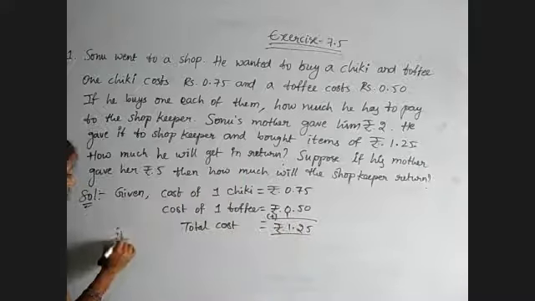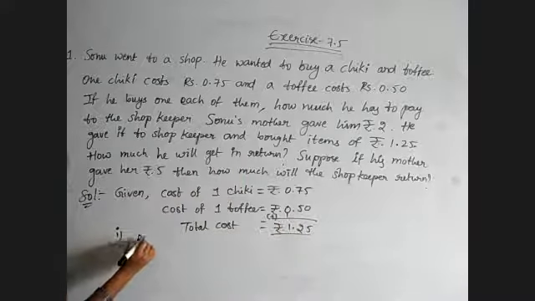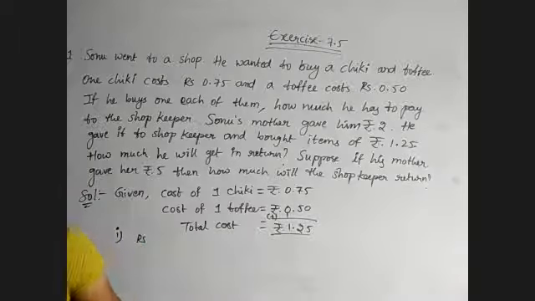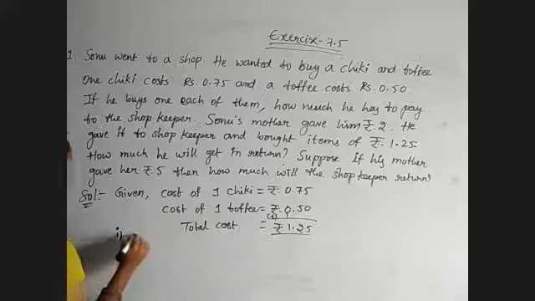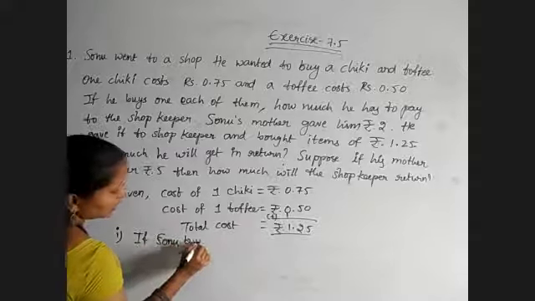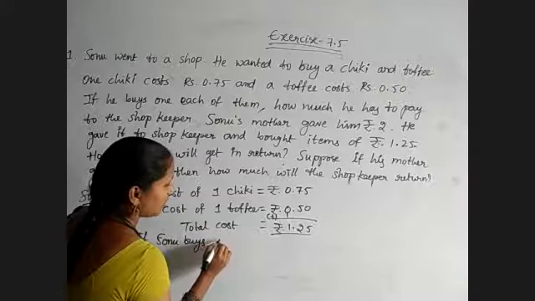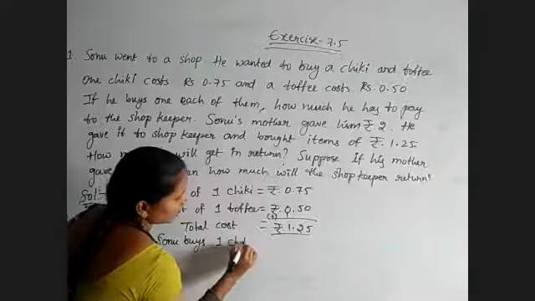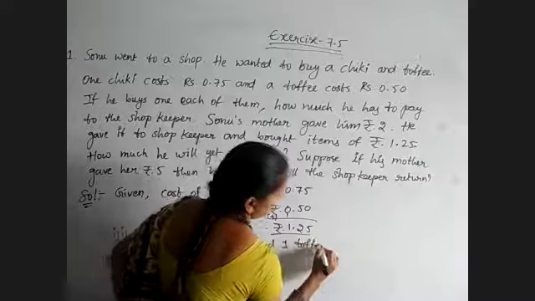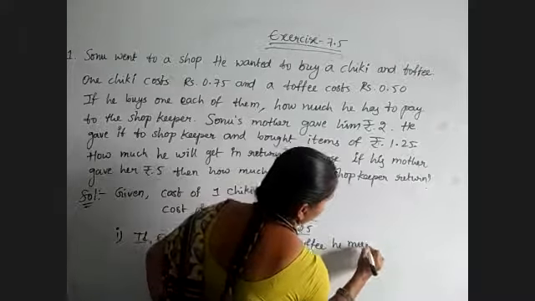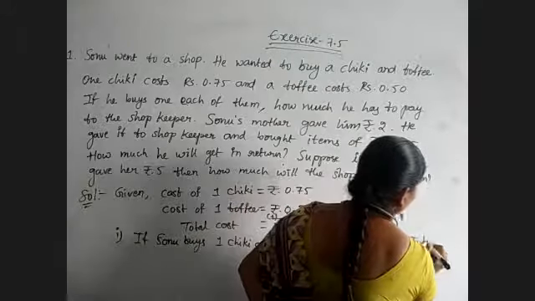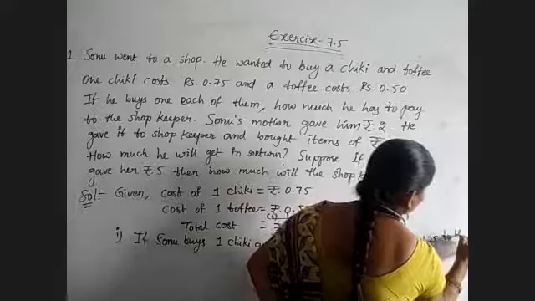Therefore, first problem: if Sonu buys one chicky and one toffee, he must pay 1.25 rupees to the shopkeeper.